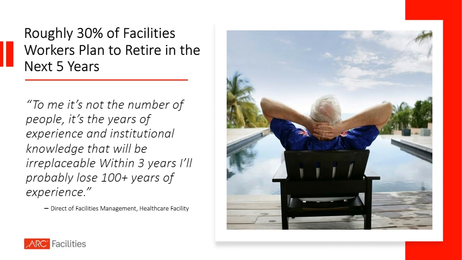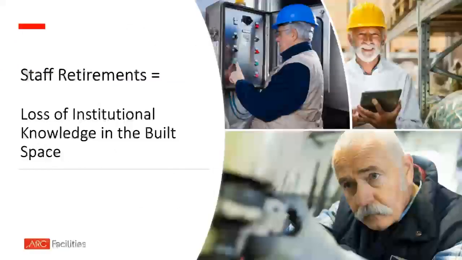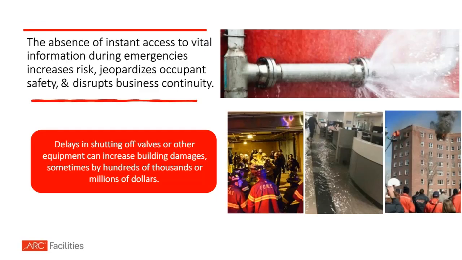When that knowledge is gone, institutional knowledge just walks out the door. What's your strategic plan to capture that institutional knowledge and then pass it on? Those are the folks who know where everything is when something goes sideways, and it will go sideways.